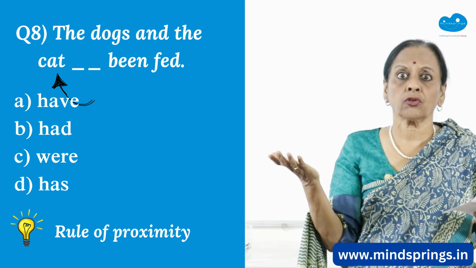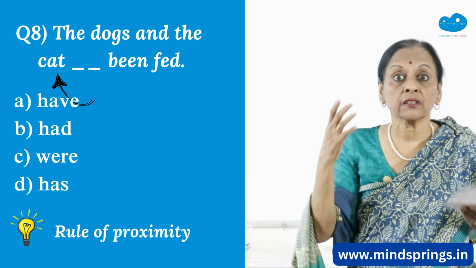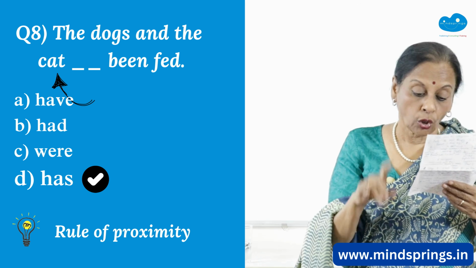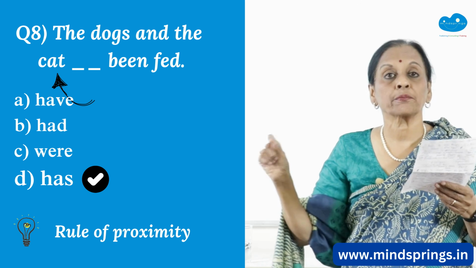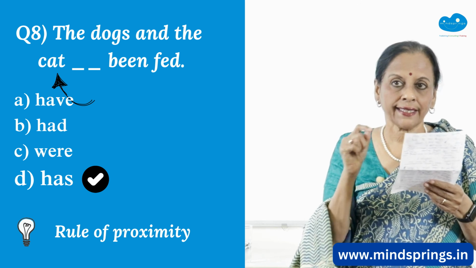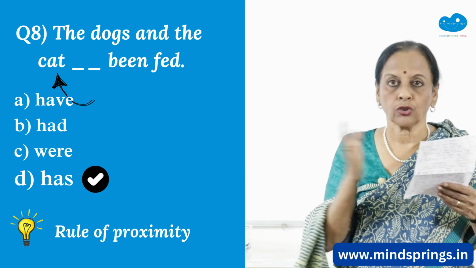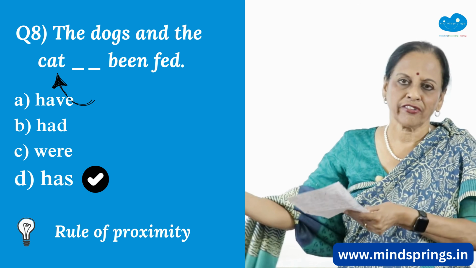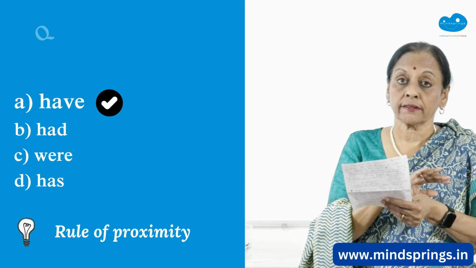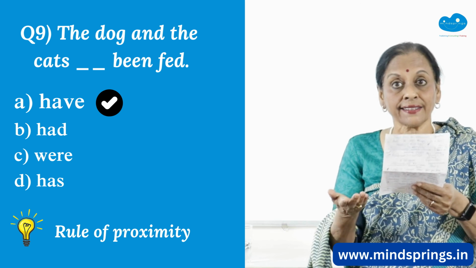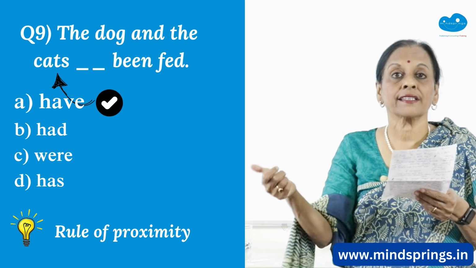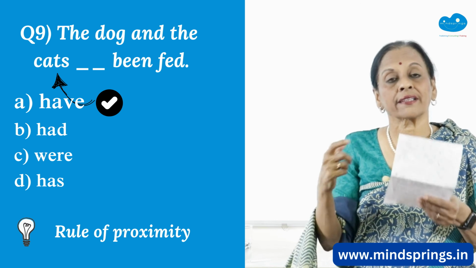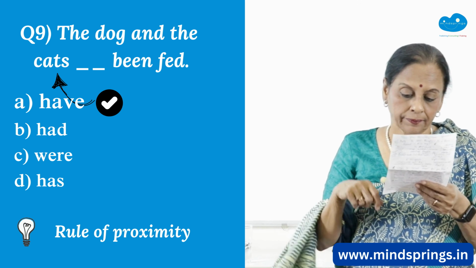Whatever it is, that is the agreement. So the dogs and the cat has been fed, because the cat is singular. Had it been the opposite, the dog and the cats, then the agreement of cats will apply and it will be cats have been fed.